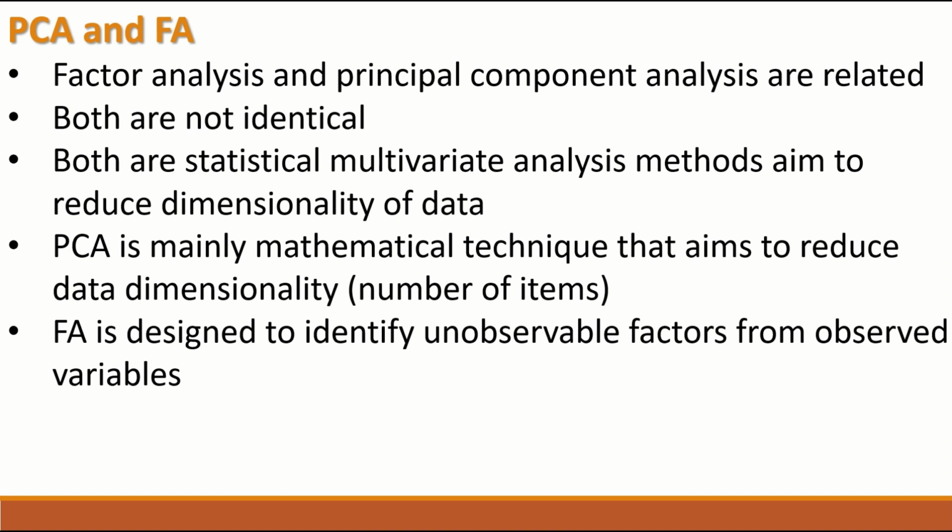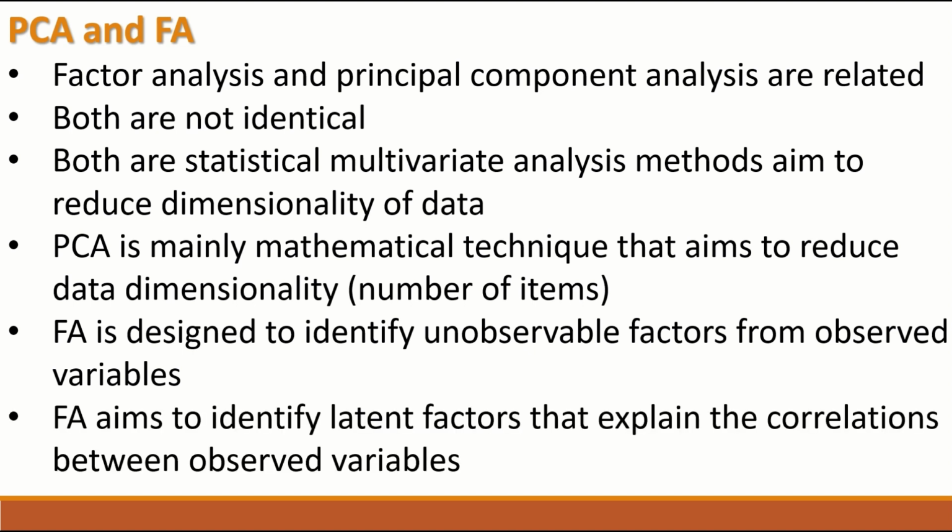Factor analysis, on the other hand, is designed to identify unobservable factors from observed variables. It aims to identify latent factors that explain the correlations between observed variables. So there is a subtle difference between PCA and FA.